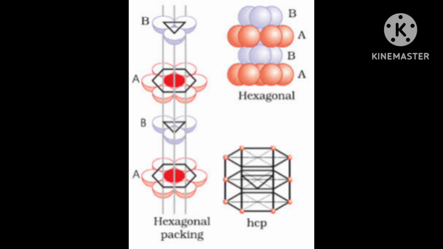In that case, covering tetrahedral, the example is magnesium and Zn. And here, covering octahedral voids, the example is copper and silver. Question is asked.